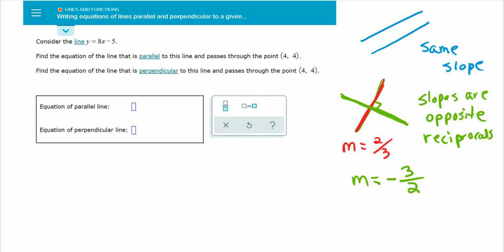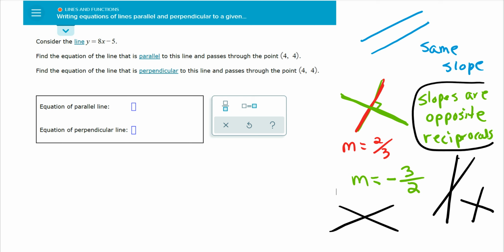If they have different slopes, they're going to crisscross somehow, but they might crisscross real tall and skinny, or they might crisscross short and fat like that. But to get that perfect T, that's what you're going for. They have to be opposite and also reciprocal. And when I say opposite, that means opposite signs.